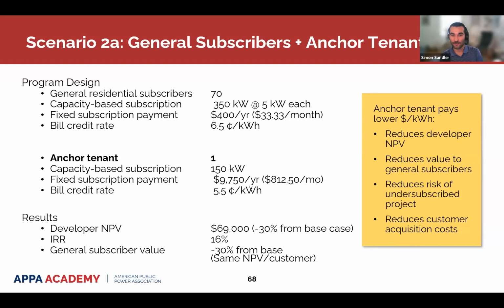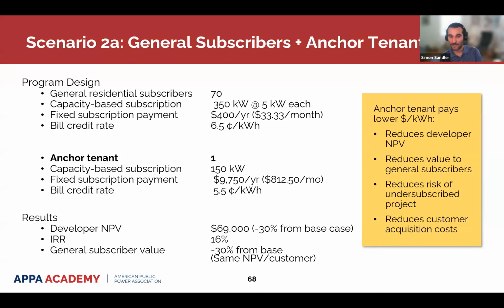However, the developer, whoever that is, if it is the utility, might be seeing a reduced positive impact on their finances because they're going to charge their anchor tenant less because they're subscribing to a larger portion at one time. It's just to point out that depending on how you break it down, the numbers will change. The anchor tenant's paying less, so the project sees a less positive NPV for the developer.